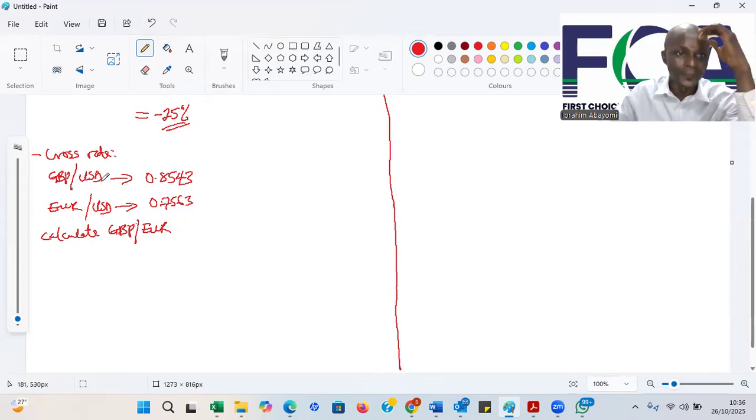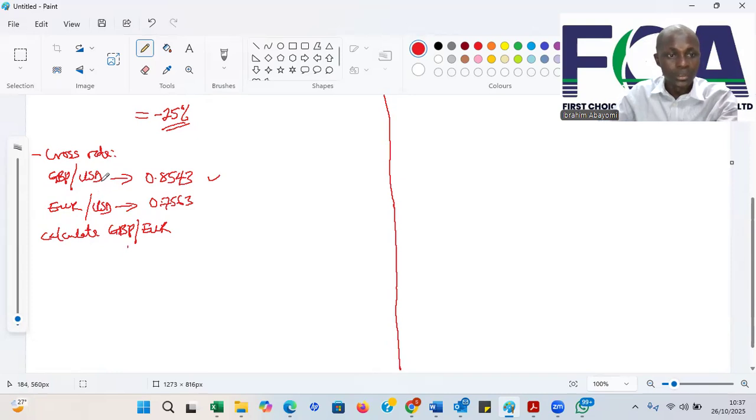Now, what I need to do here, look at it. I have this currency pair. It has GBP and USD. I have another one. It has euro and USD. But I don't have the one with GBP to euro, and that's what I want to calculate. Based on these two given rates, I can calculate the GBP euro exchange rate.